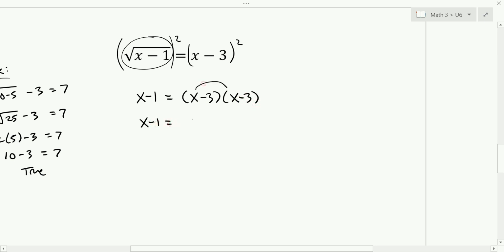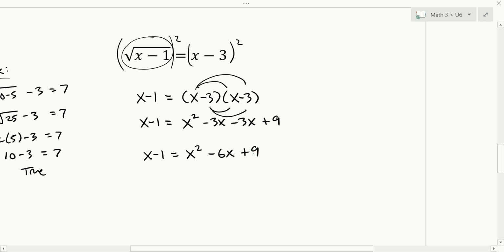So we distribute: x times x is x squared, minus 3x, minus 3x again, plus 9. So I'm going to combine the negative 3x's and get negative 6x plus 9.